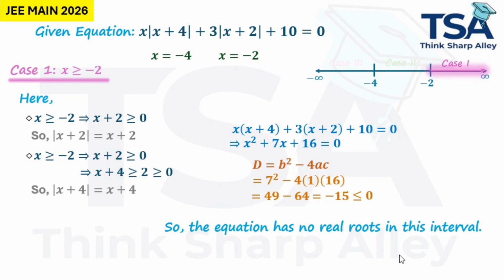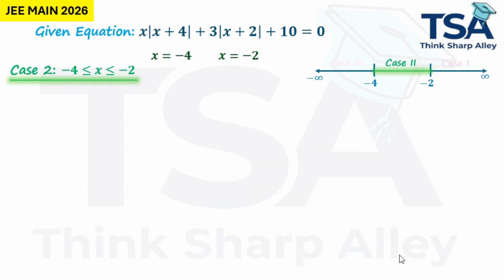Now let's slide down into our middle zone between minus 4 and minus 2. Here our first modulus stays positive, but our second modulus turns negative. Because x is greater than or equal to minus 4, which makes x plus 4 greater than or equal to 0. And that is why modulus x plus 4 is equal to x plus 4.